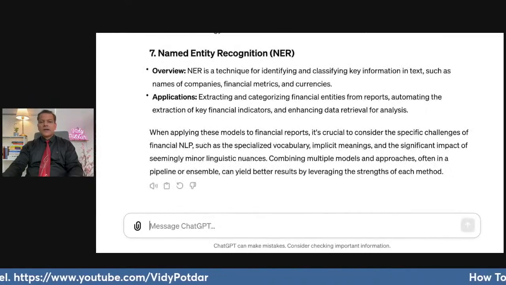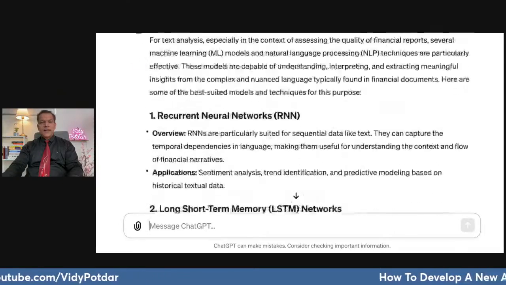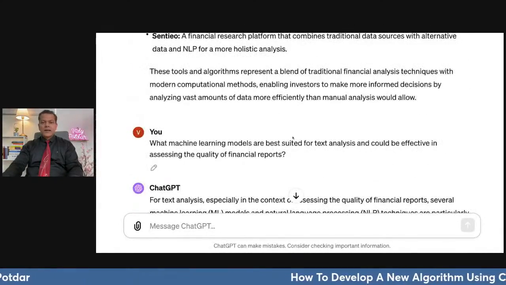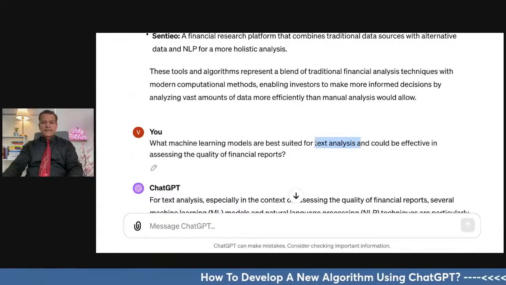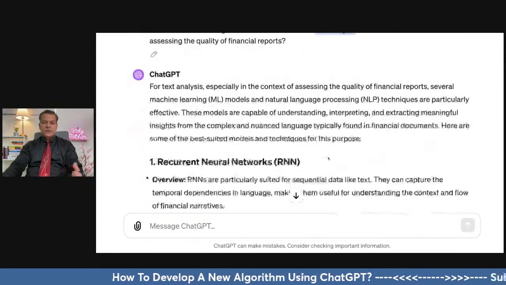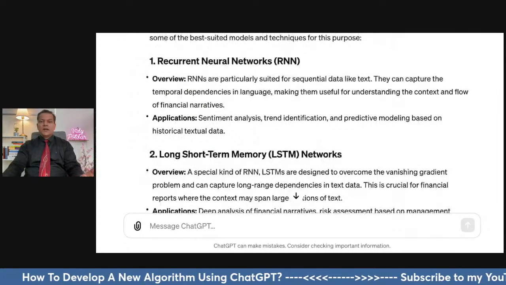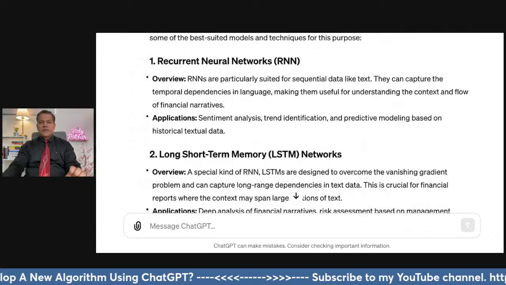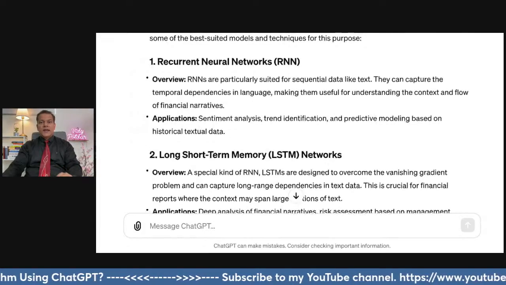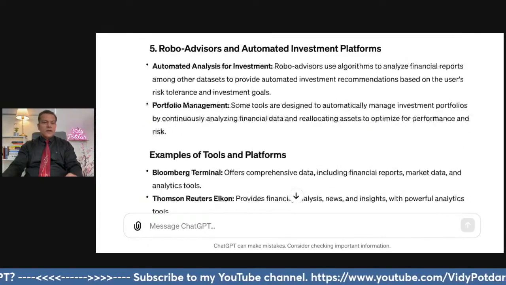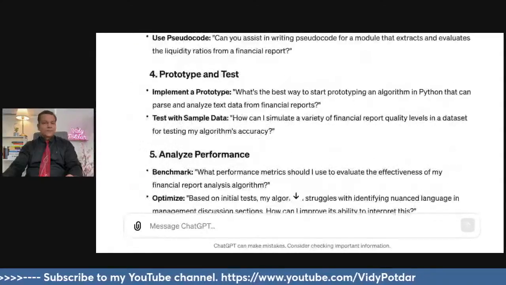So these are all different models that we can use for text analysis, because one of the main steps in this kind of algorithm would be to analyze text to extract relevant information, which will be fed into the algorithm for evaluating the quality.